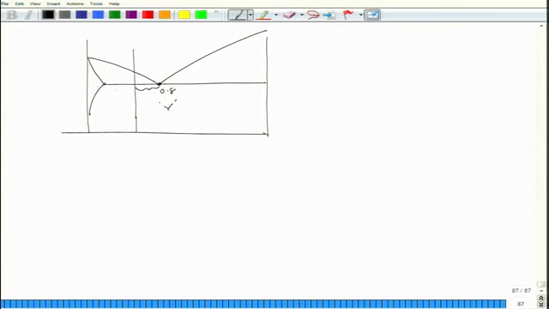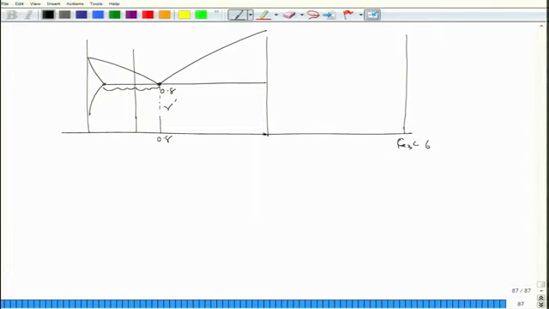When I drop it, finally at this point I would get some pro-eutectoid ferrite or alpha, and the remaining gamma will convert into pearlite, which is alpha and cementite. The remaining gamma would have this composition.